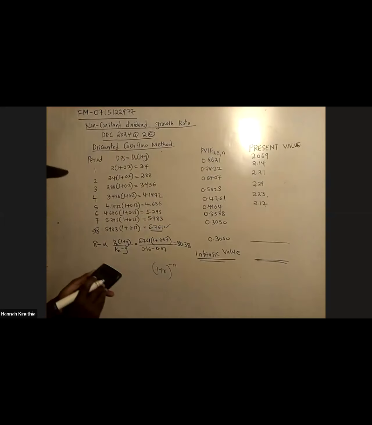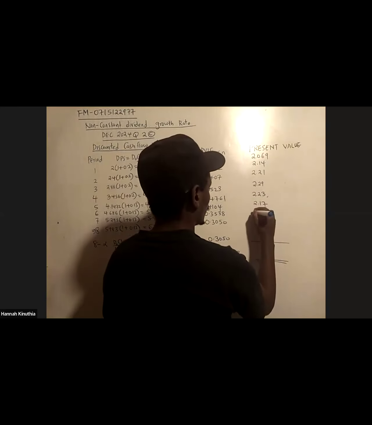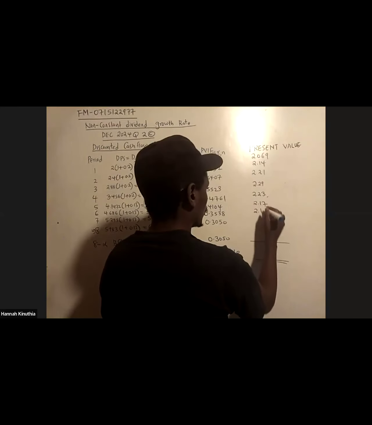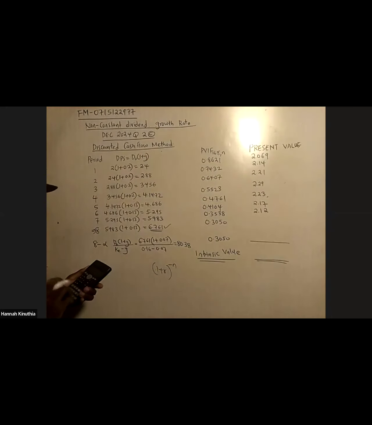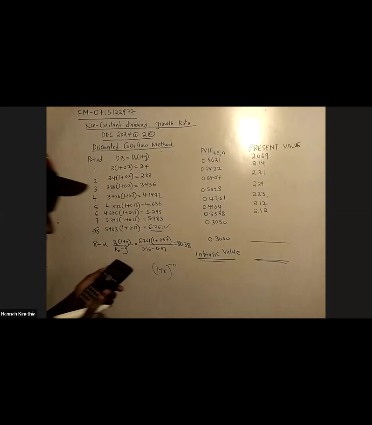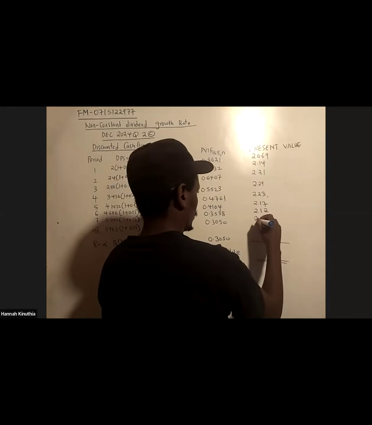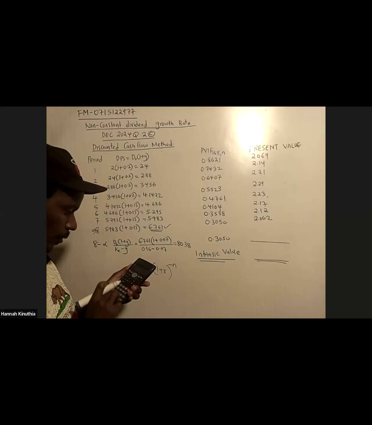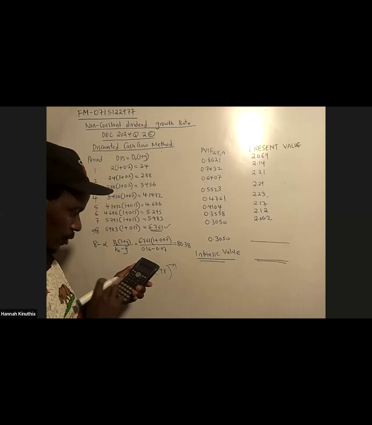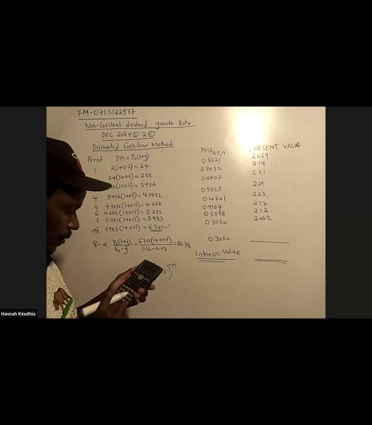Then the next, 5.983 times 0.3538 is 2.12. Then 6.761 times 0.3050 will be 2.062. Then the last is 80.38 times 0.3050.